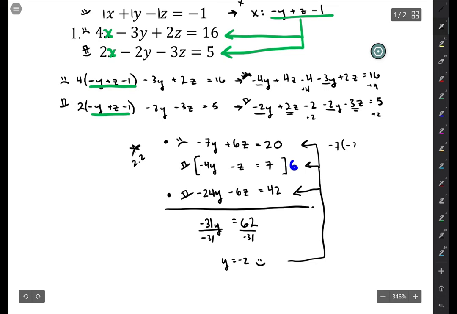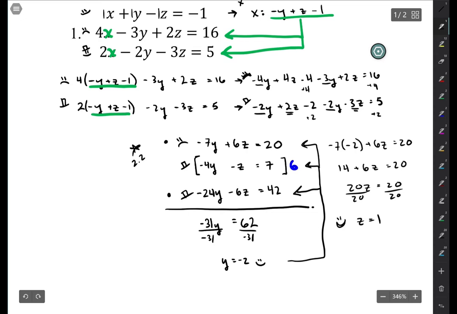So negative 7 times negative 2 plus 6z equals 20. And that's 14 plus 6z equals 20. So 6z is 6, and divided by 6, 6 over 6 is 1. So now we're extra happy.